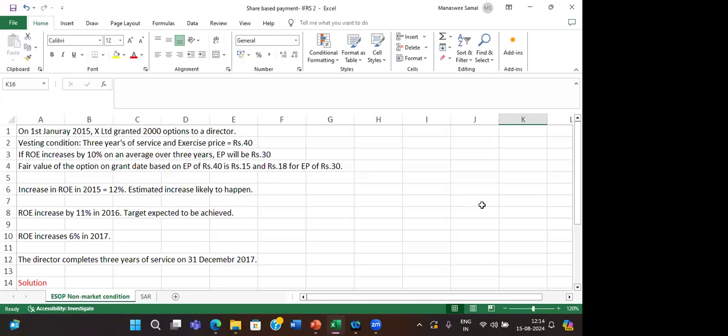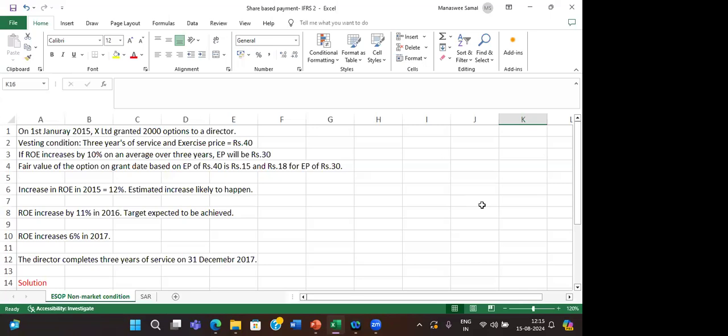That is a service-based vesting condition. And you said the exercise price is rupees 40. Then you said if ROE increases by 10% on an average over 3 years, the exercise price will be rupees 30. Means what? The director will pay less money, 10 rupees less. Therefore, the upside potential for the director would be higher. That is how you define the scheme.